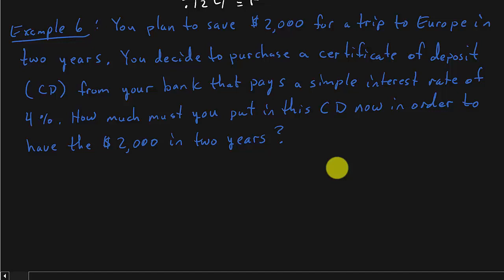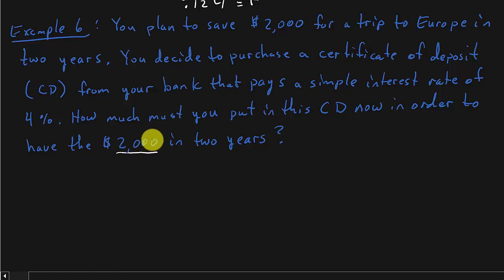All right, so let's think about this. So for this problem, they're wanting to know, what do I have to put in the CD? What do I have to put in there now, okay, to have this much in 2 years?